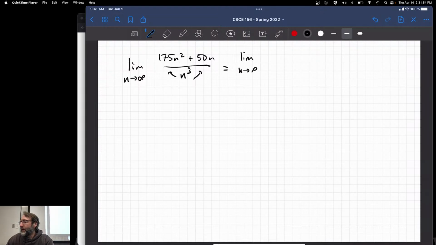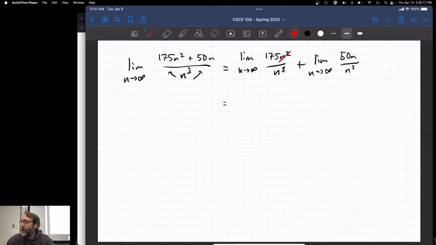The limit as n tends towards infinity of 175 n squared over n cubed plus the limit as n tends towards infinity of 50n over n cubed. Tell me about that first limit right there.